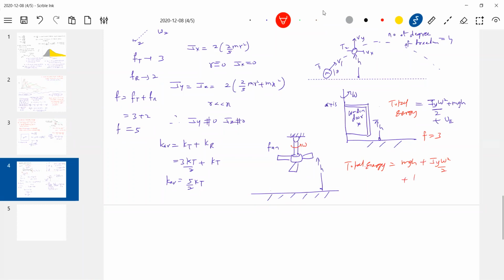Then viscous drag, energy due to viscous drag, that is nothing but heat generated, m s delta T, and also elastic potential energy. So how many degrees of freedom is it having? 4 degrees of freedom.